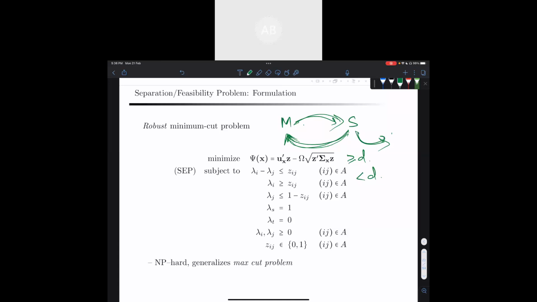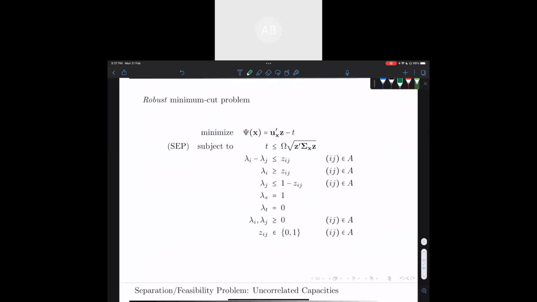So if this problem itself becomes hard to solve, then there is no hope of solving the big problem. We need to figure out at least how to solve this problem fast, because we need to solve it tons and tons of times.